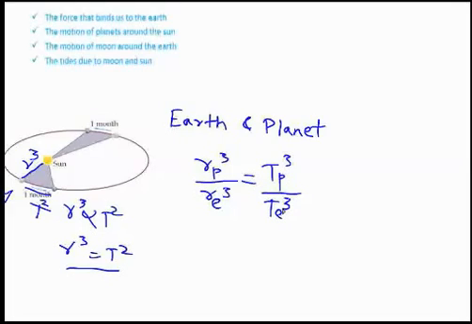Now we know that an astronomical unit is equal to 1.5 x 10^8 kilometers.